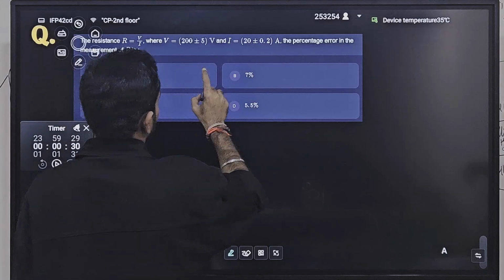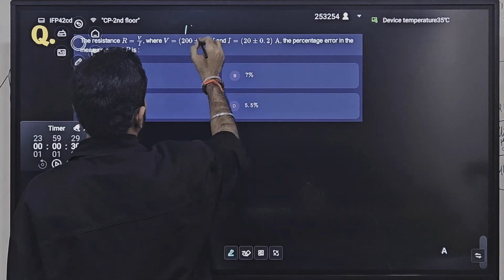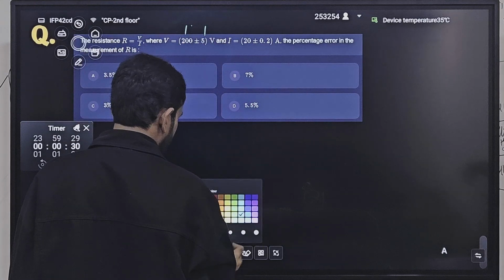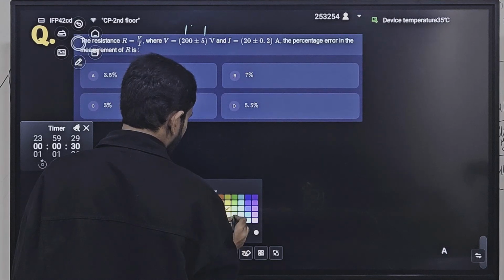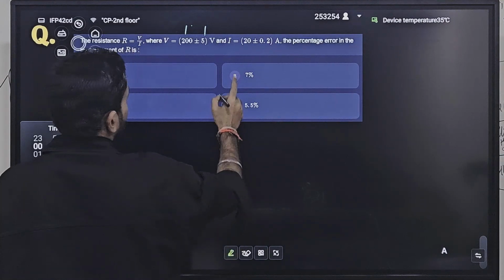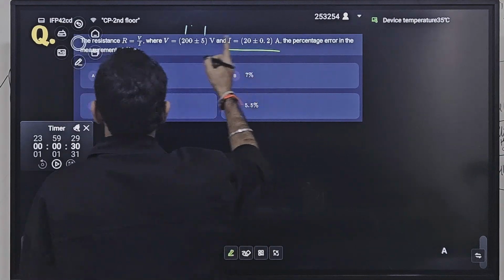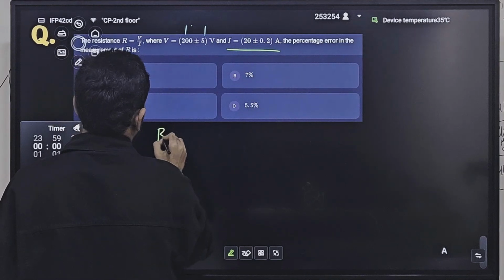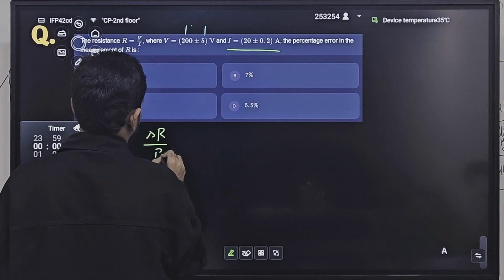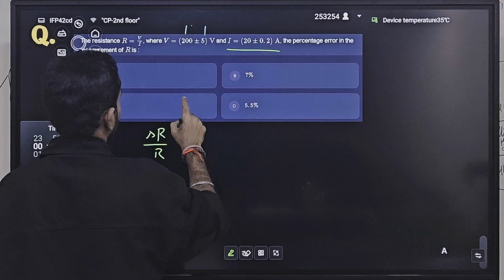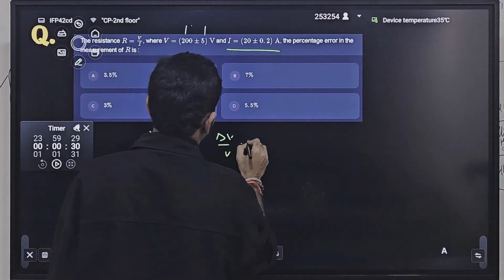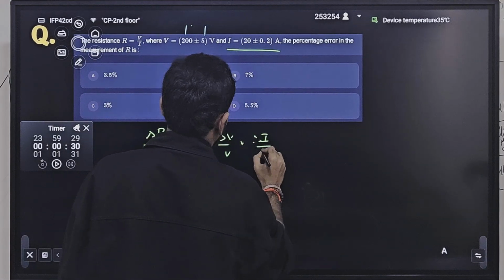Resistance is given as V by I. Again, I will tell you this is absolutely the error method. This is the current; find the percentage error in the measurement of R. How can you write the percentage error? Delta R by R into 100, but how can you write delta V by V plus delta I by I.